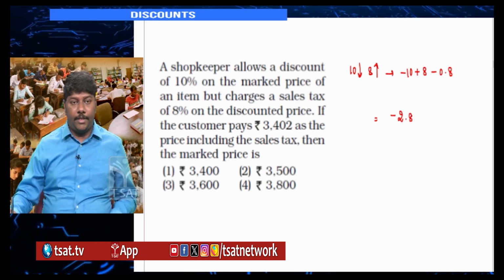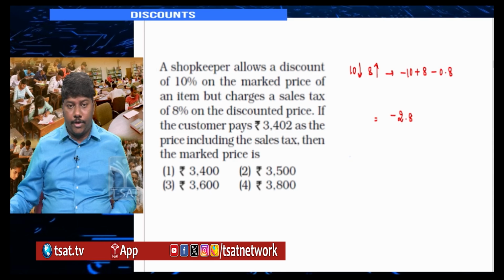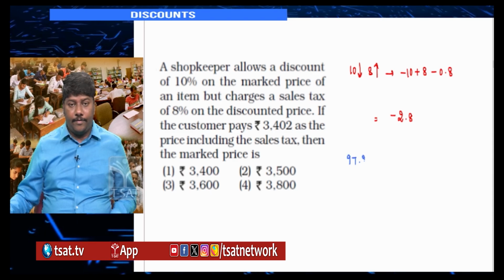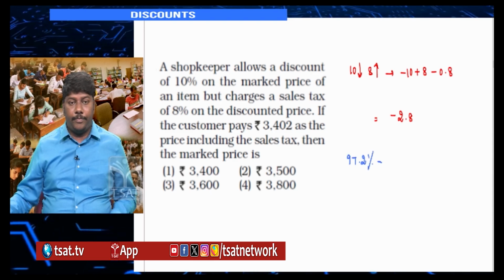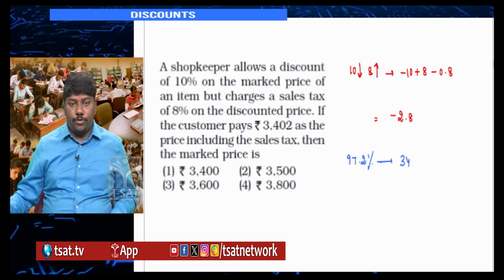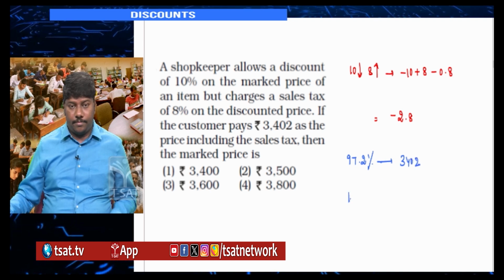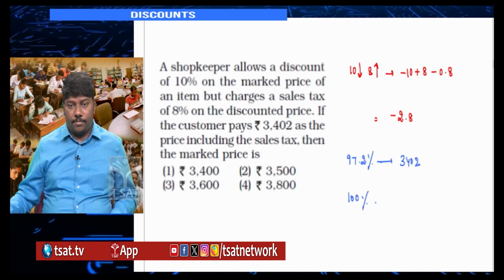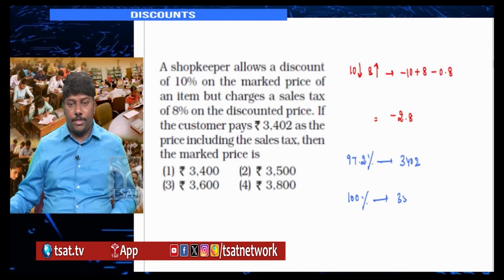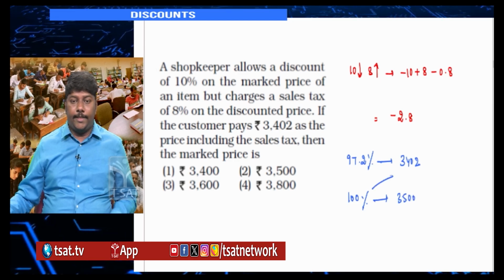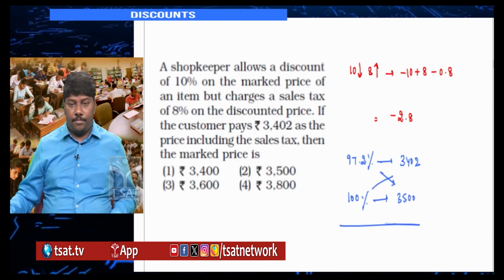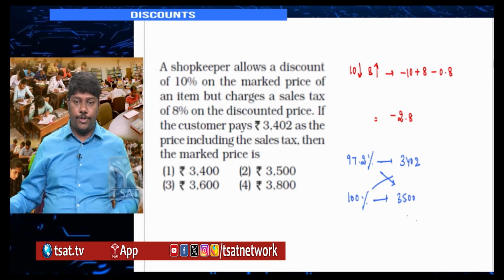Minus 2.8 means 97.2. If 97.2% of MP is 3402, then what is 100%? You will get 3500. Just cross multiply and you will get that. This is by using the percentage.